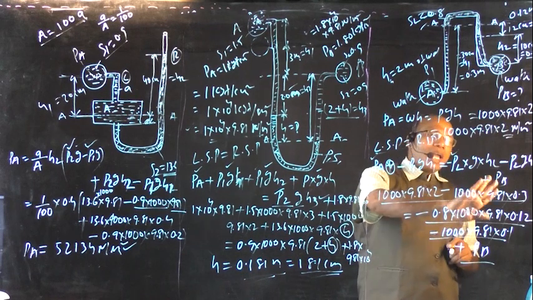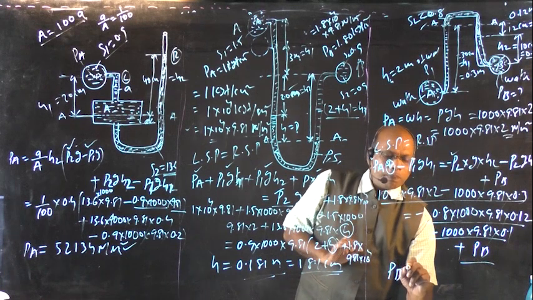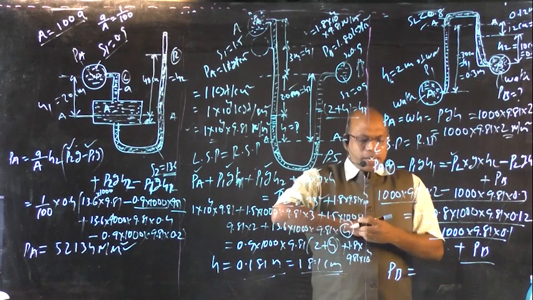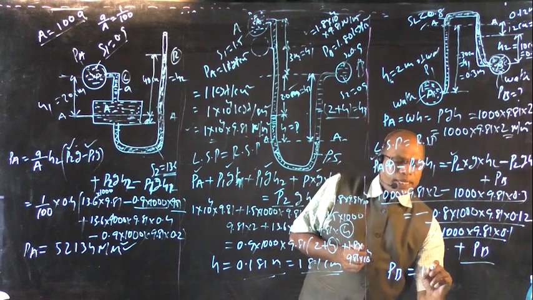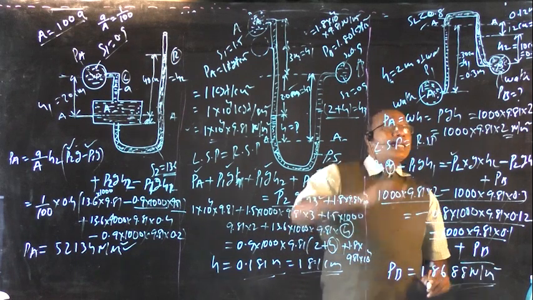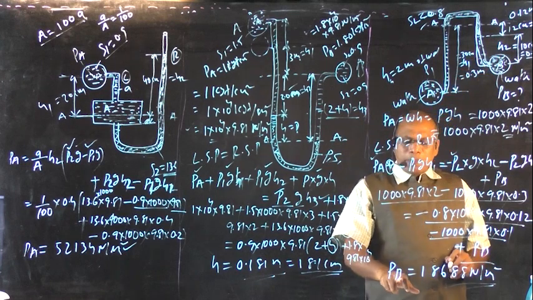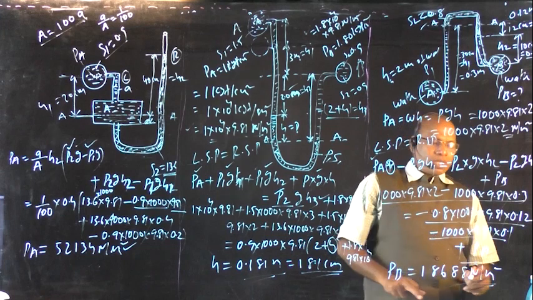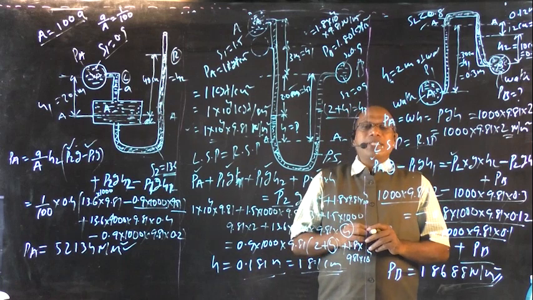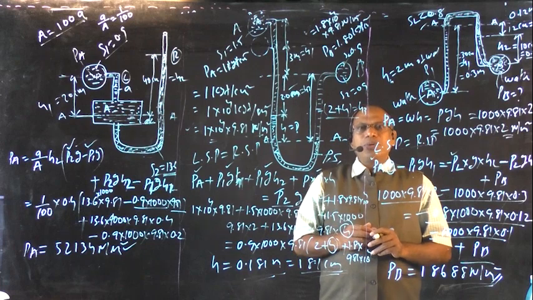In this equation, the only unknown is the pressure at point B in pipe B. The pressure at point B, PB, is equal to 18688 Newton per meter square. These are the problems related to pressure and its measurement, the problems related to manometers. Thank you one and all.